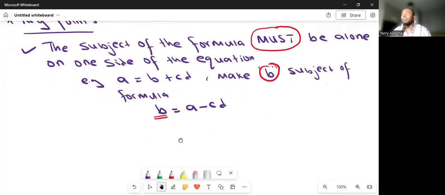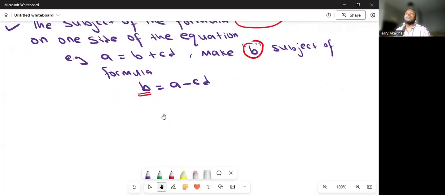All right, so the next part now is the second thing you need to know, the second rule that you need to keep in mind is that whatever you do to the left-hand side, you must do to the right-hand side of the equation. Or whatever you do to one side of the formula, you must do to the other side of the formula, all right?